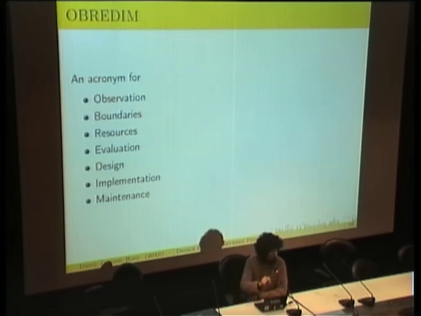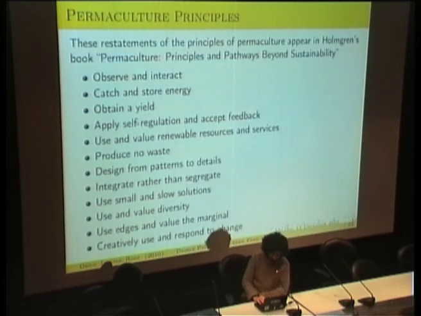So you observe, you understand where are the boundaries of the system and your neighbors, the resources that are available, then you evaluate solutions, you design, implement them, and then plan to maintain. These are the principles taken from Holmgren's book, which is one of the main references for permaculture.